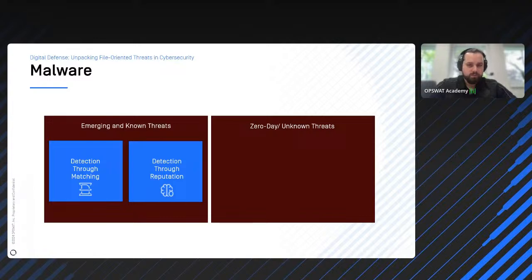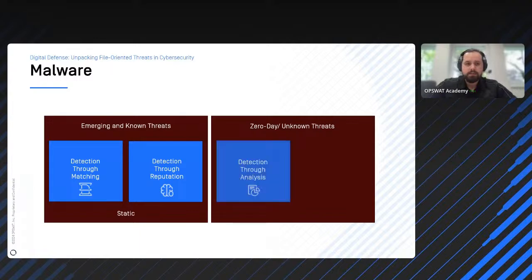So, what can we do? What can we do to protect ourselves from 0 day and unknown threats? Well, that's when we have to have alternative technologies. One that you may have heard before is through analysis, and that's through sandboxing.